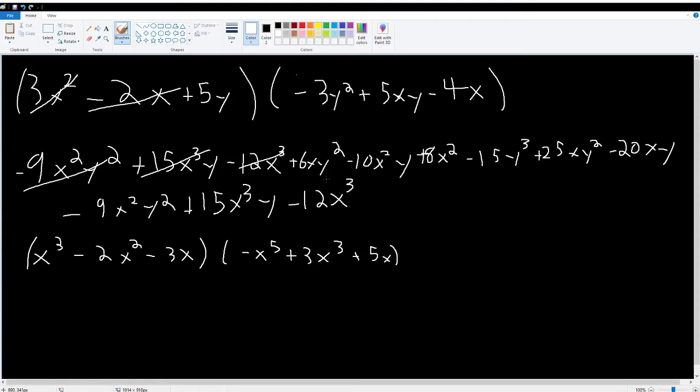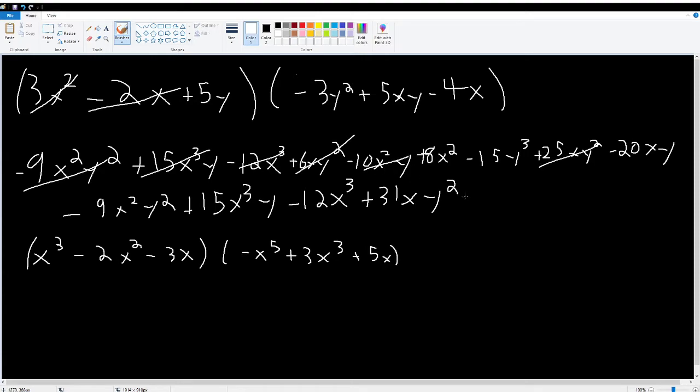Next, we have 6x y squared. Let's see if there's anything else that has x and y squared. So 6x y squared and 25x y squared, that's 31x y squared, right? Next is x squared y, and there's nothing like that.